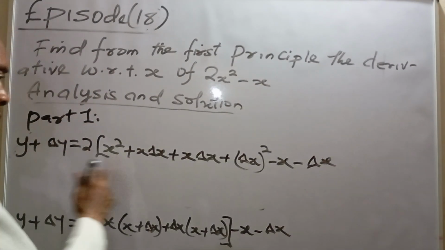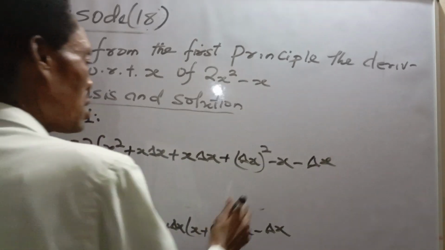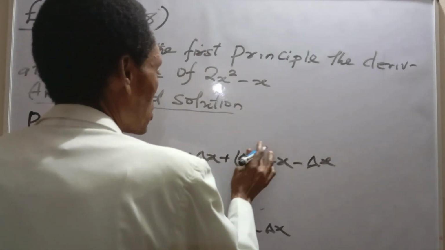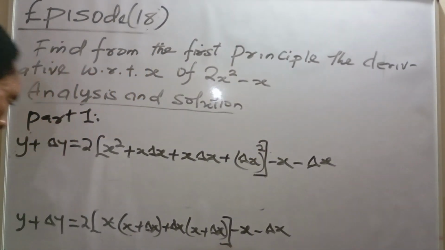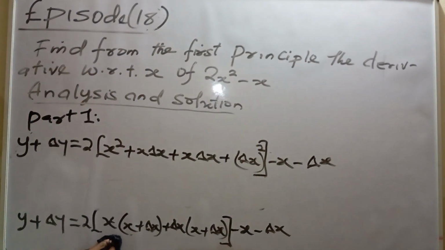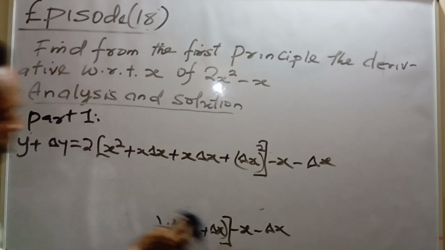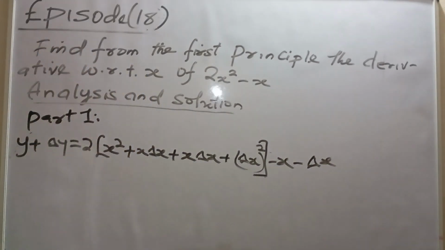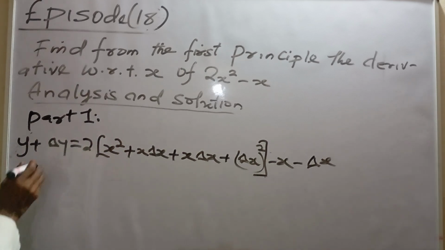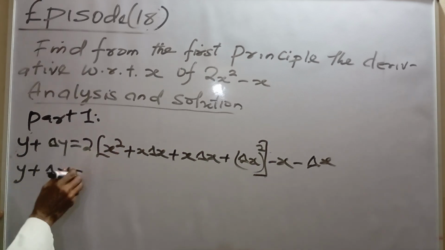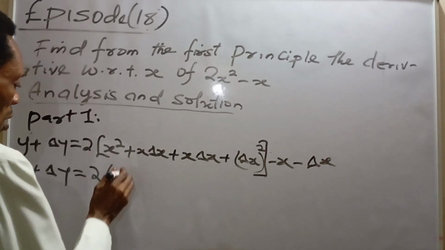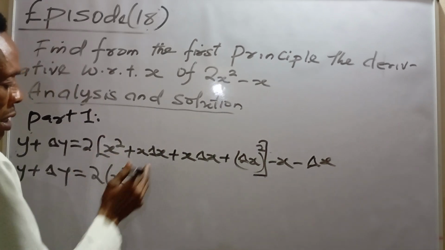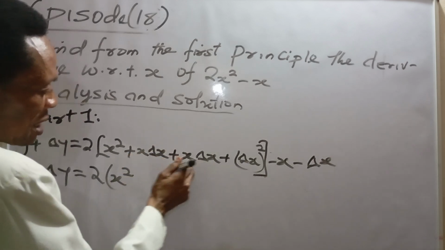Let's clean here now. So you have y plus delta y equals 2 open bracket x squared, plus x delta x plus x delta x.